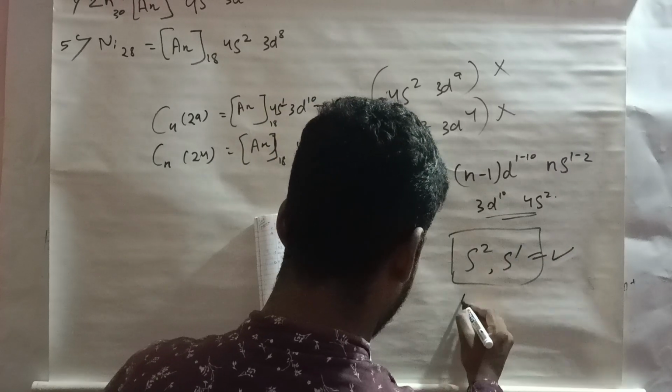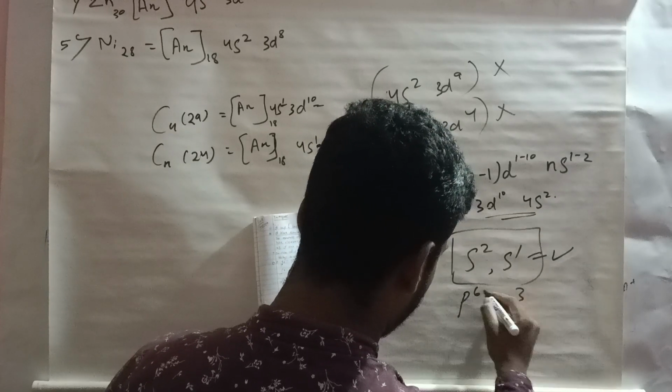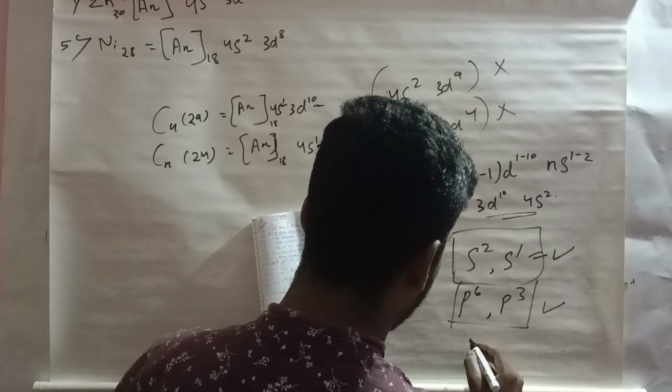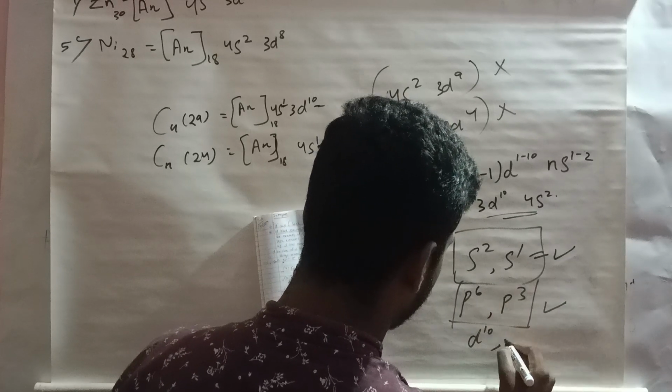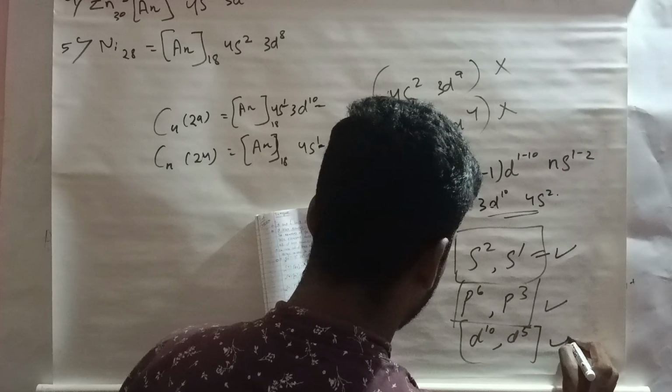Now in P, if the electron number is 6 or 3, then it is stable. In case of D, if it is 10 or 5, then it is stable.